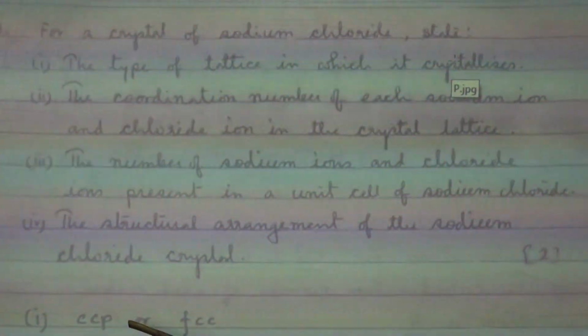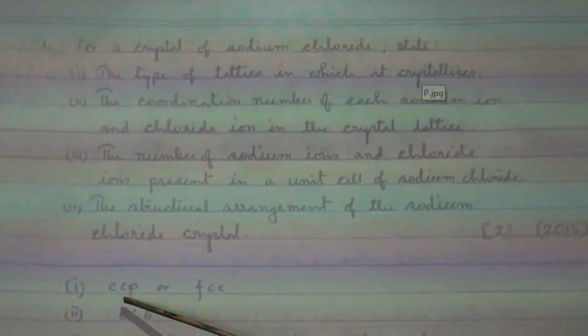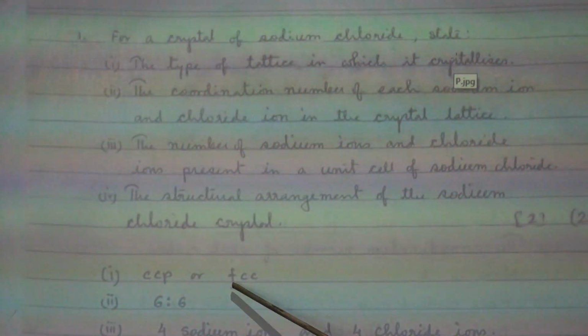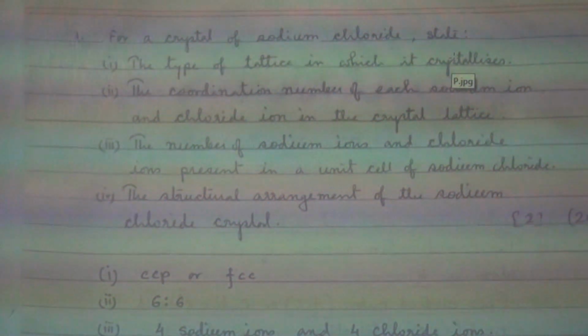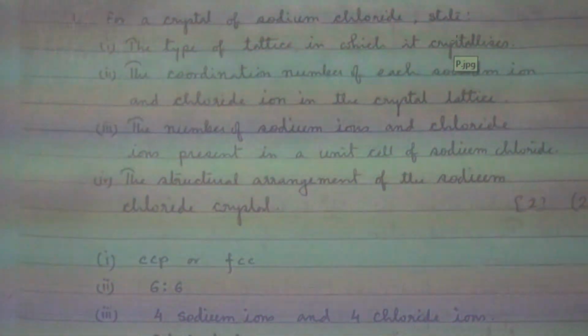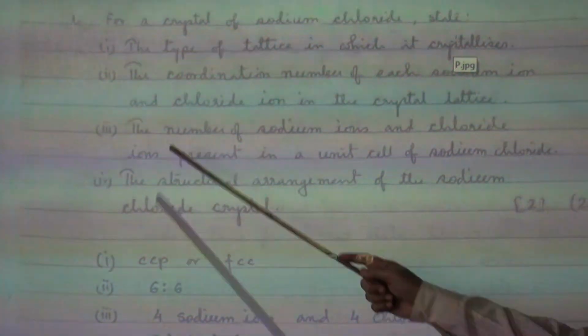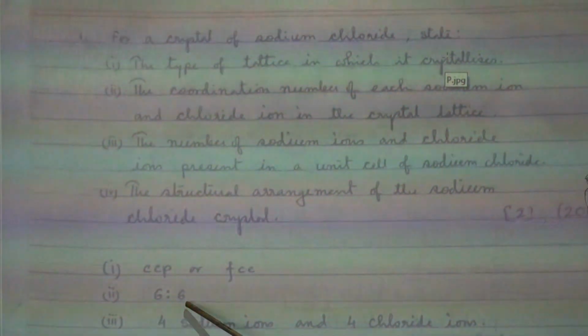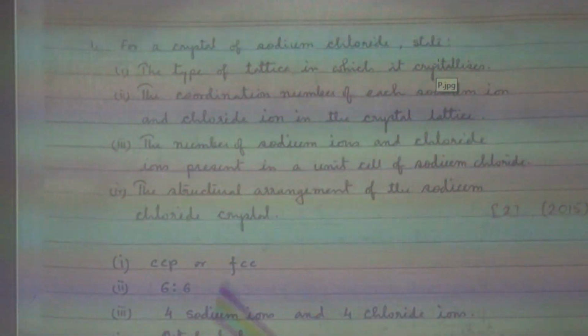The first one we have already discussed, CCP or FCC. Remember, face-centered cubic also can be mentioned as cubic close packed. Second one, coordination number, as I have told you, 6:6, because there are two types of particles.